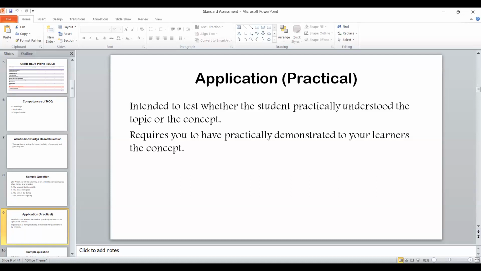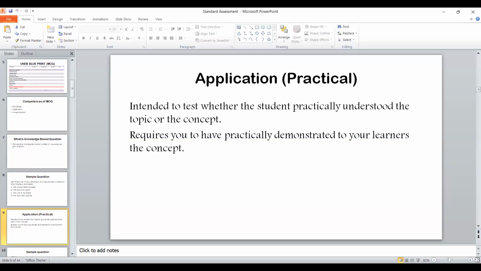Application is all about, have you practically demonstrated to your learners the concept? You are talking about a wireless transmission media, but have you ever bothered to connect a radio to your PC? Have you ever taken these learners through connecting? So application, they are testing.